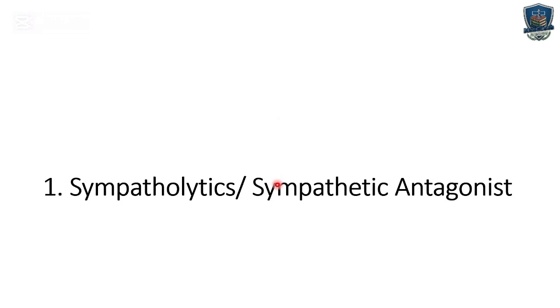Our first class of drugs used to control hypertension is called sympatholytics, or sometimes sympathetic antagonists. If you have a pen and a notebook, be ready so that we can tackle this group of drugs.